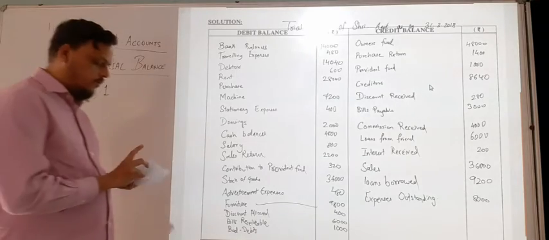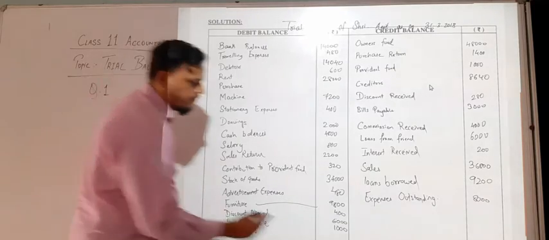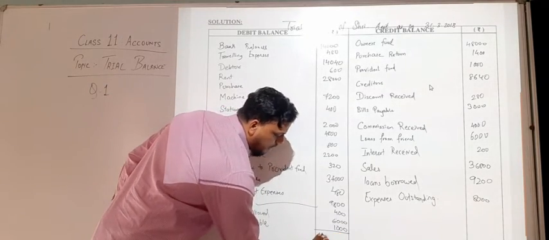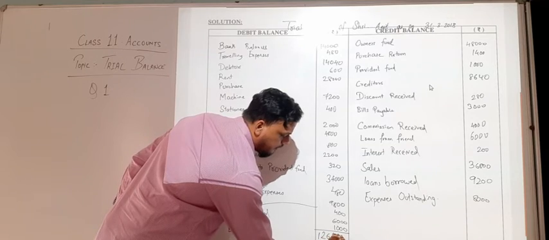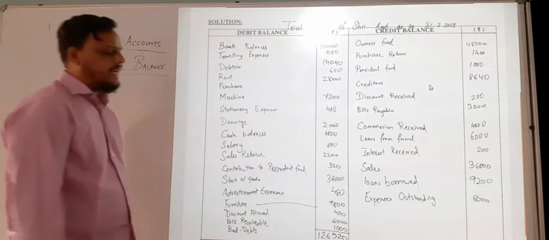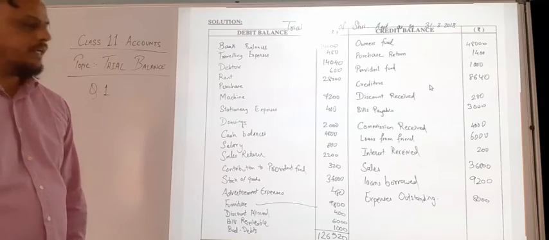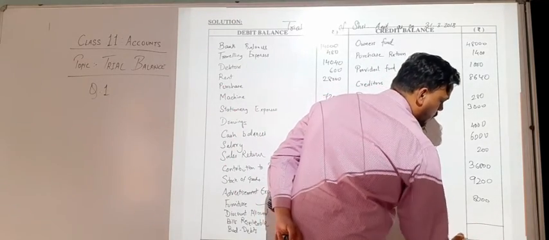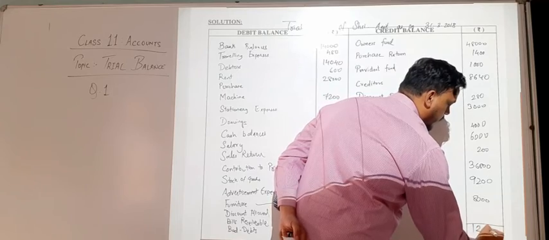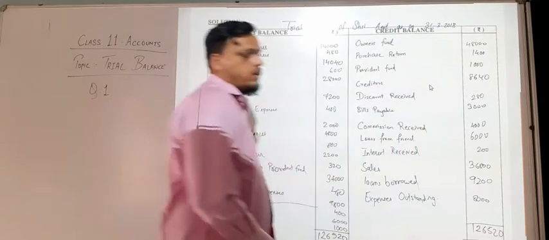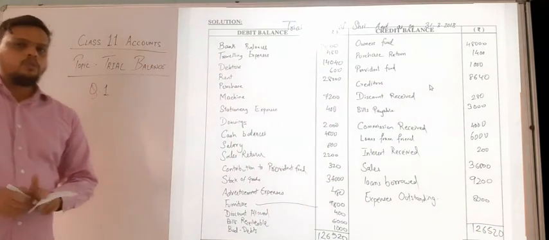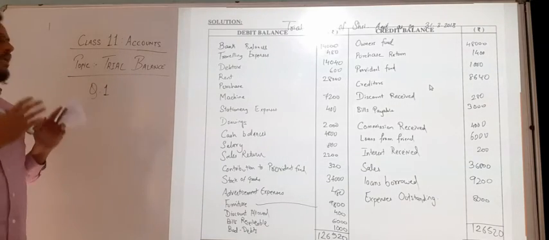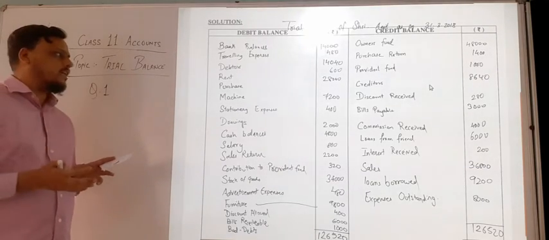So the total of this is 126,520. 1,26,520. This much is your total for the whole side. Have a look into it, take a snapshot and write it in your book correctly.